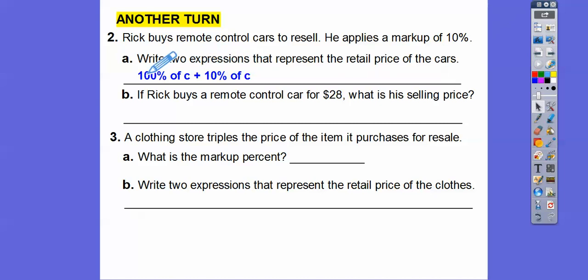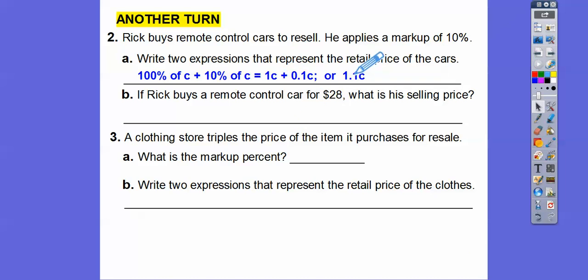So we'll change this to 1.00 or just 1 times C, and this will be 0.1 times C. So here's one expression right there. And the other one is just to combine those guys right there. That's what they're looking for. So write two expressions. Here's one of them, and here's the other one right there.